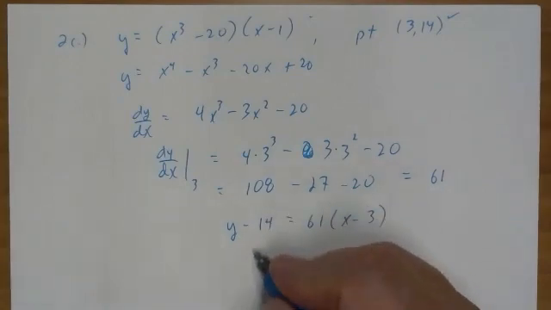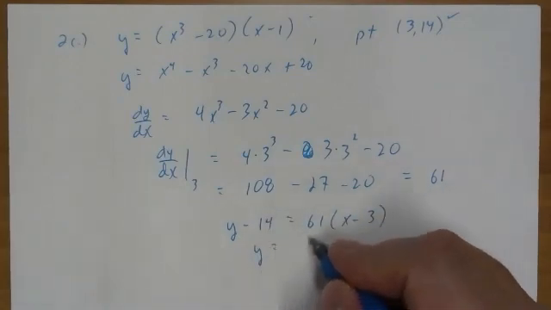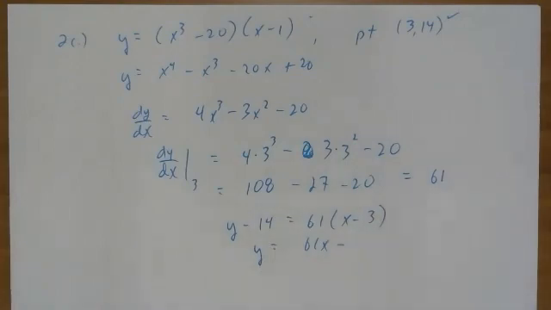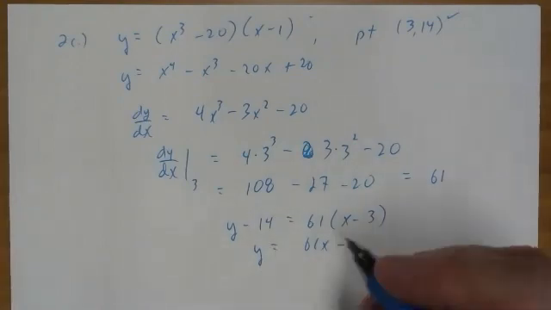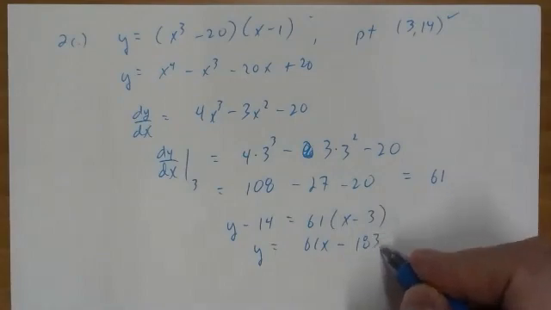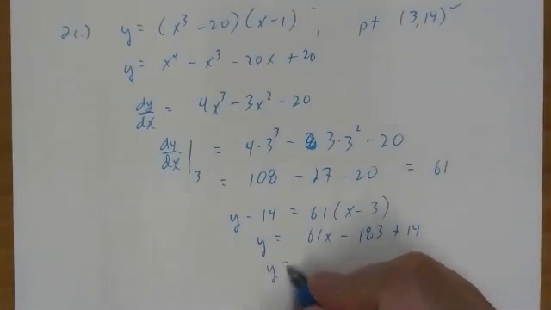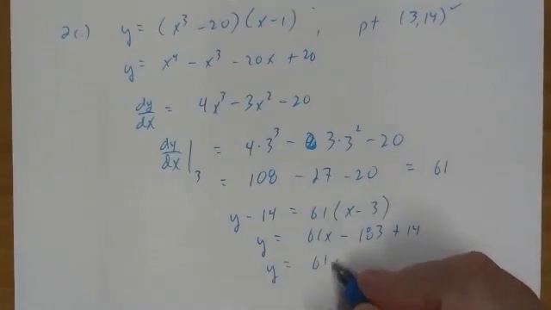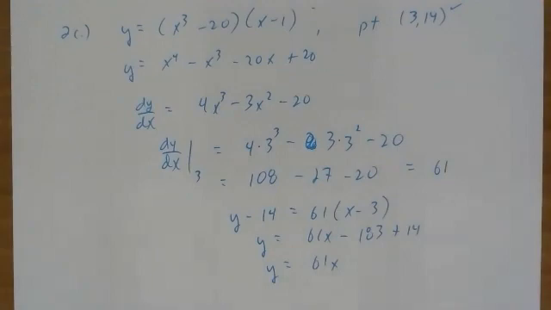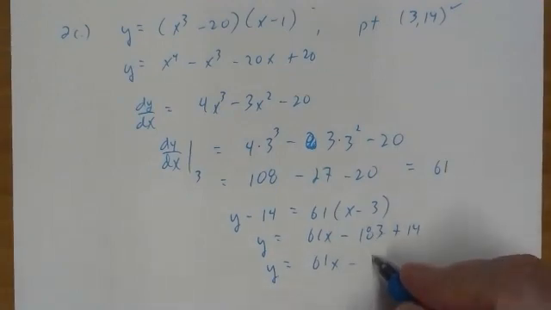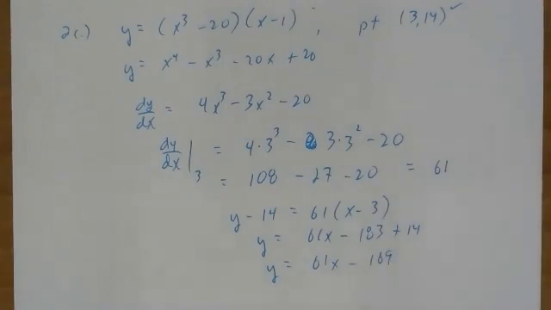If I'm going to get the y by itself, 61x minus 183 plus 14. 61x minus, see if that's correct, minus 169.